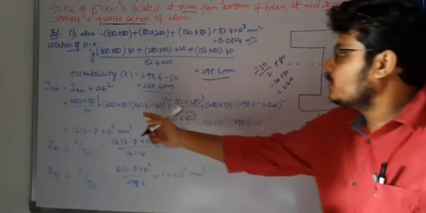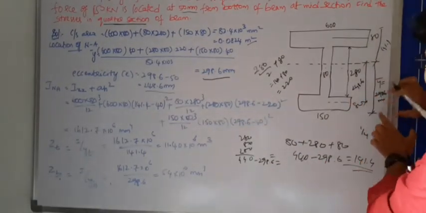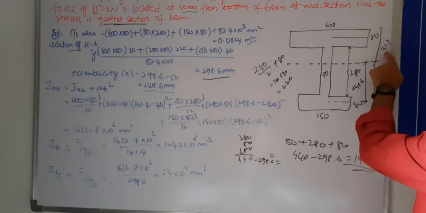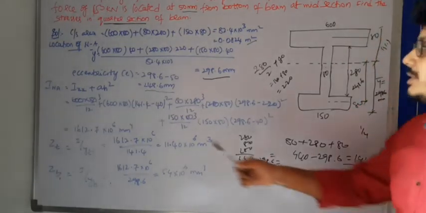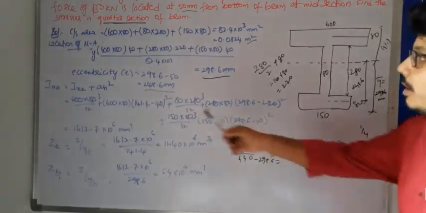Please listen: overall height minus 298.6 gives 141.4, minus the half depth. So 141.4 minus 40, squared.